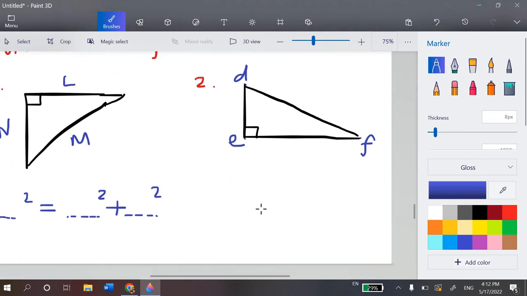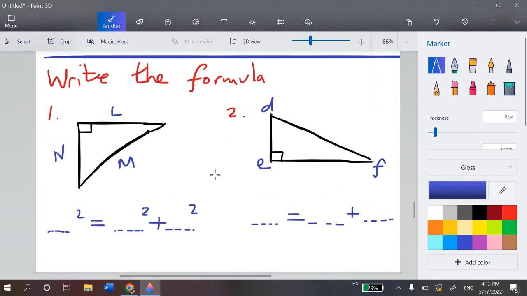And I need you to write the formula here. Something equals something plus something. Okay, next two questions for you. So you can pause the video, write these down, and do the questions in class for me now, please.